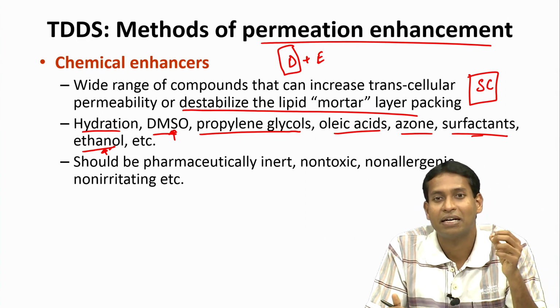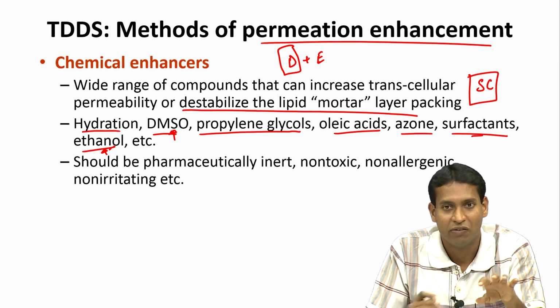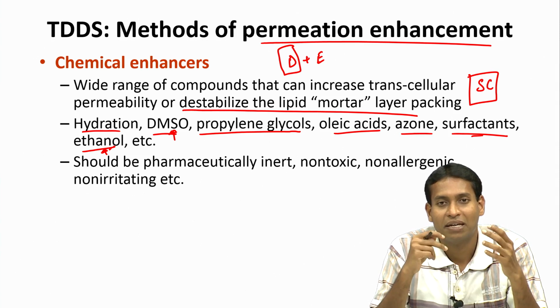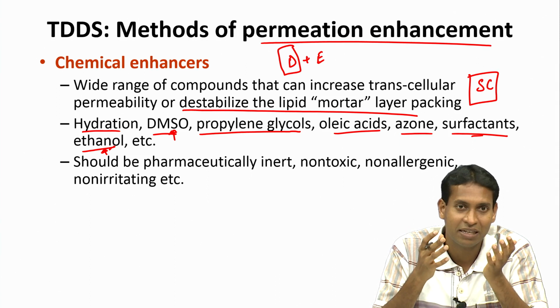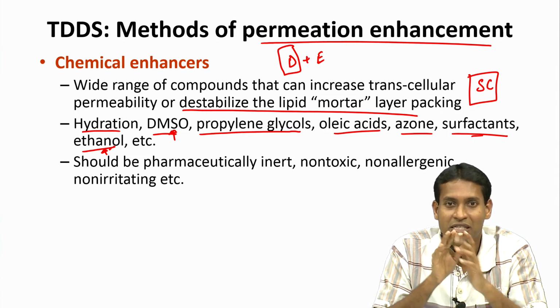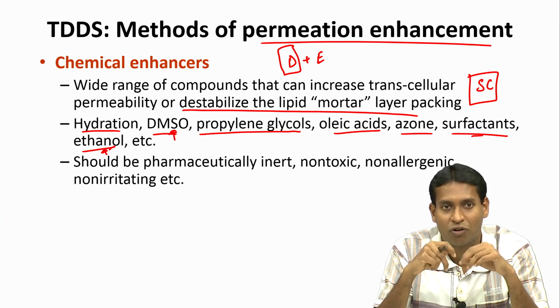And not only that, even if let us say it is not building up too much level, even if you are putting it on a small patch of your skin, the problem there is you have to make sure that area is sterile and is maintained sterile for a few hours, because what you have now done is destabilized this lipid mortar layer, which was obviously essential in protecting you from foreign pathogens.